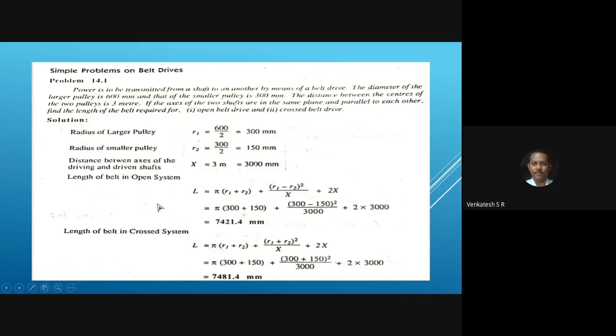Next line, write down length of the belt in open belt drive system. Underline that. The equation, already you derived the equation for length of the belt in case of open belt drive. L equal to pi into (R1 plus R2) plus (R1 minus R2) whole square divided by X, plus 2X.